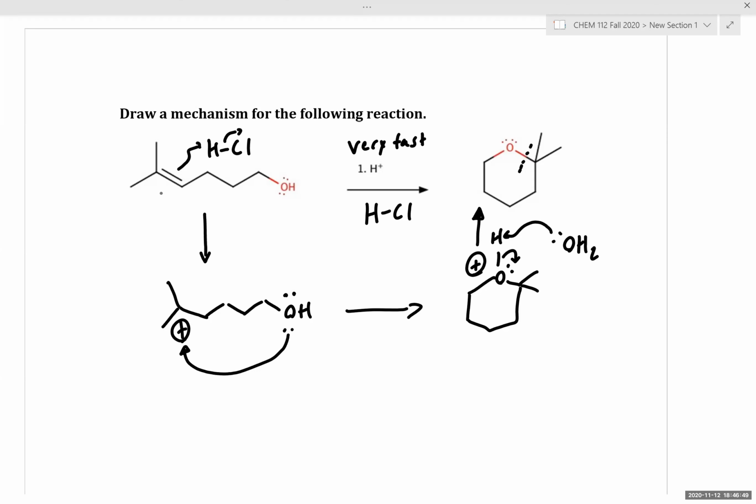So it allows for a very fast reaction. That's why this intramolecular reaction is often thousands to tens of thousands of times faster than the intermolecular variant.